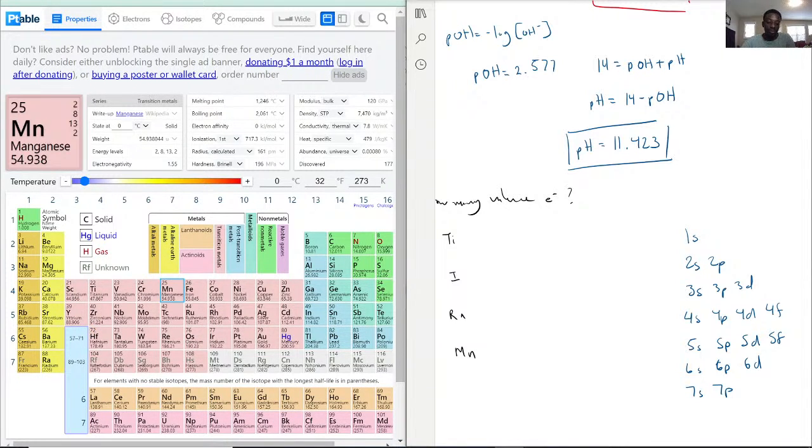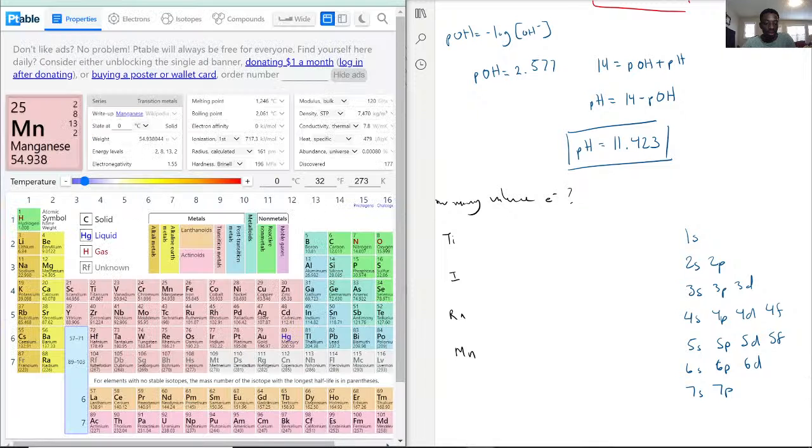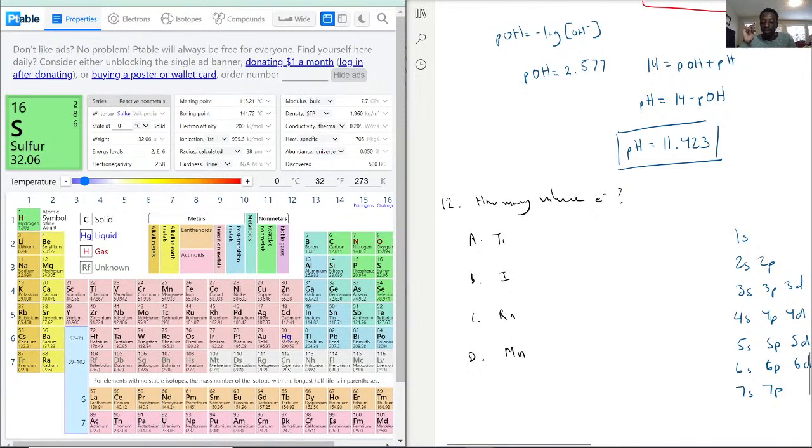So first one I want to start with is titanium, Z22, so Ti, perfect. So how many valence electrons? It is one of the transition elements, but for titanium, the way we go through this is we start counting from the top. So hydrogen, helium would count as your first 1s, so that one is complete.